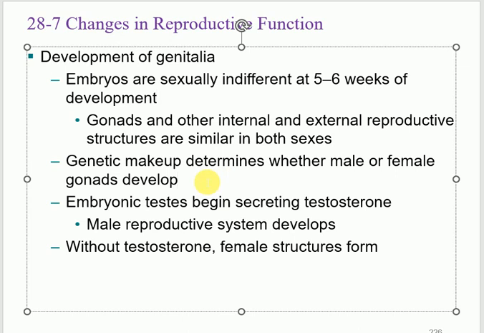So if there is no Y, the organs are not going to develop into the male reproductive organs. If there is no testosterone, what's the default? Female will form. That's the normal, unless there is testosterone. So if you leave it alone, it will become female organs.